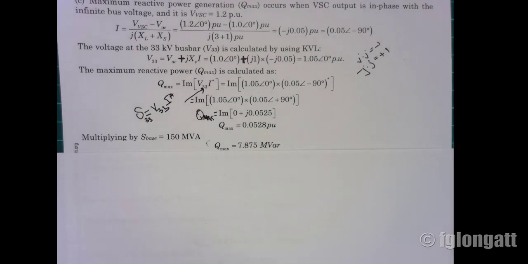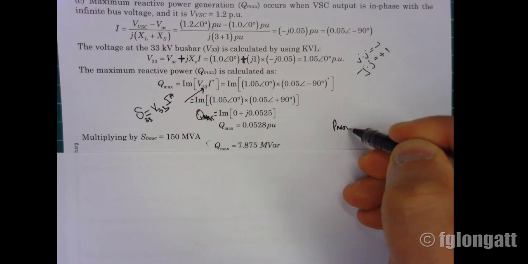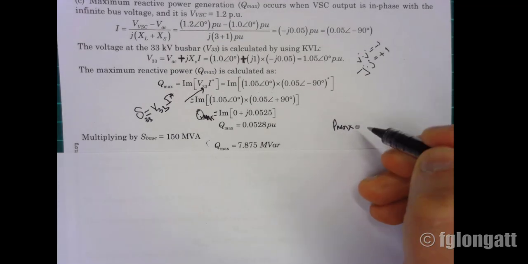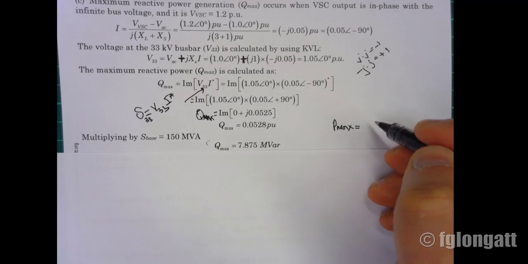As you can see, this converter is able to deliver a maximum active power of 45 megawatts. You must remember that the maximum active power that this converter is able to deliver is 45 megawatts.